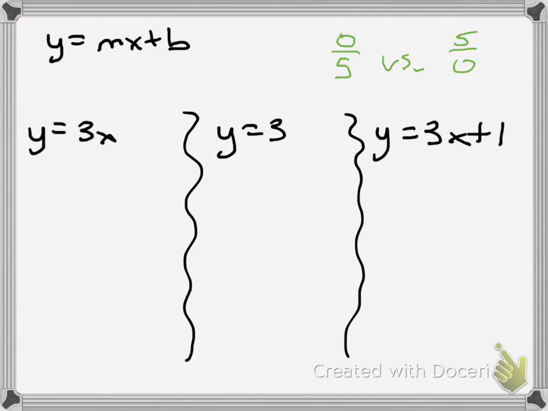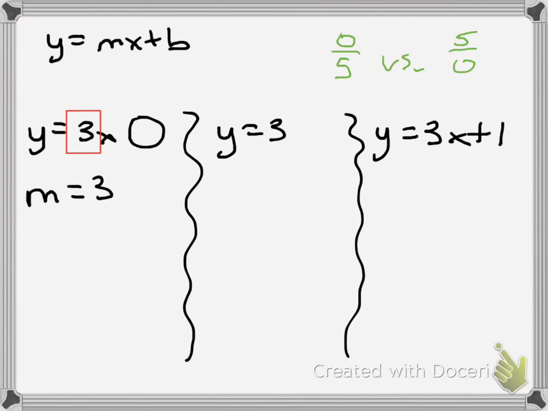Okay, so for the most part, we know that the number in front of x is a slope, and the number at the end is a y-intercept. So in this example right here, our slope is 3.